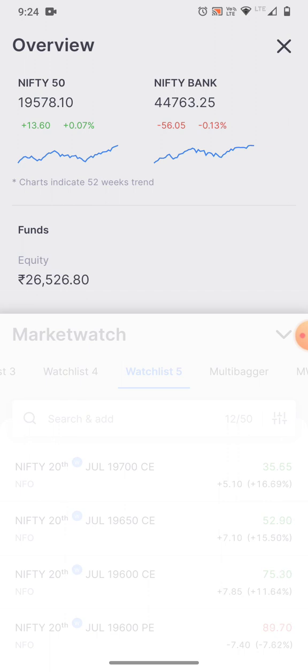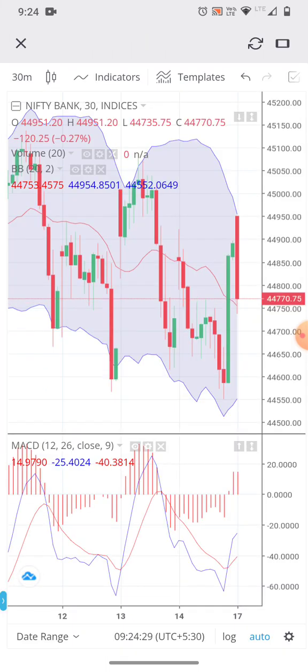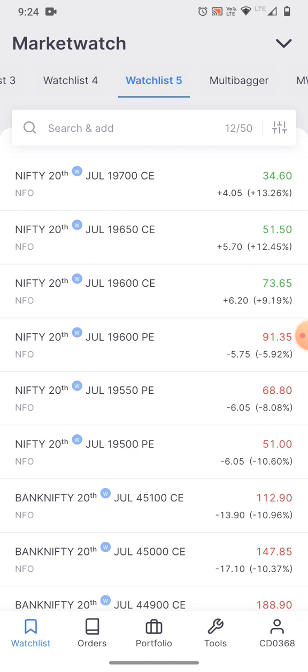Nifty has some strength, but due to Bank Nifty's weakness, it is getting weaker, and Bank Nifty is making lower lows every time. Let's see what happens. Still, I'm analyzing a few things.